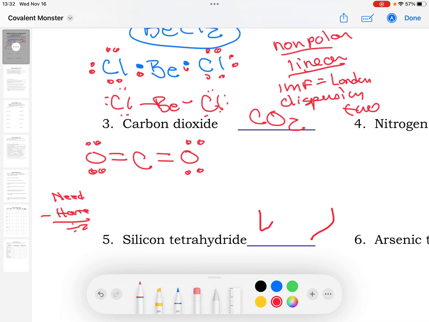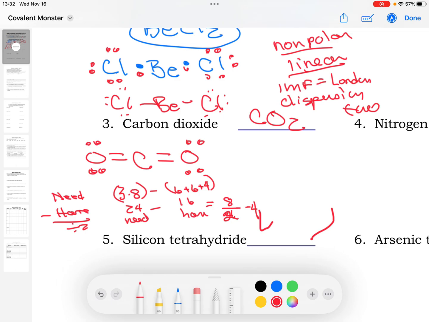So I've got 3 atoms, each needing 8, so I need 24. For what I have, I have 6 plus 6 plus 4 equals 16. This will equal 8, divided by 2 equals 4 bonds.